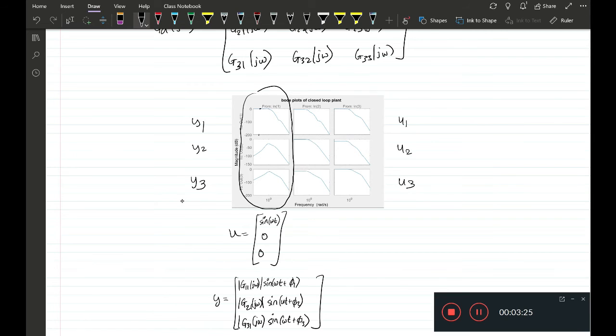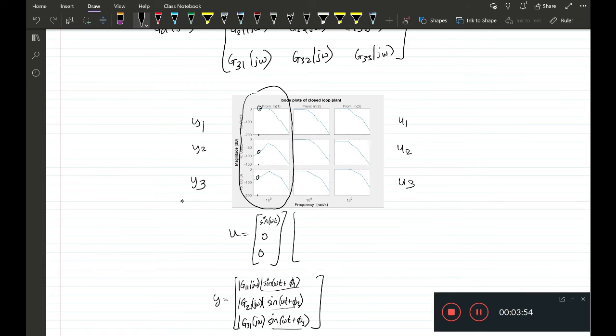So for example, let's pick one frequency omega 1. If I have an input sine omega t, 0, 0, my output would be sinusoidal, perhaps shifted by different phases along all 3 channels with the same frequency, but with an amplitude given by these 3 Bode magnitude plots.